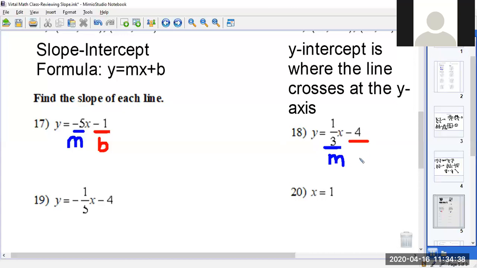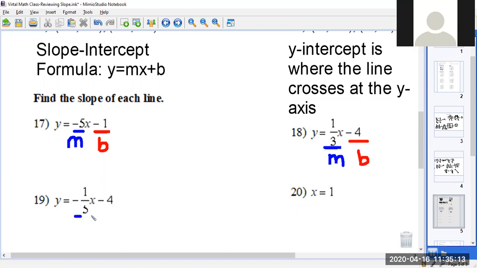All right, Mr. McFadden, you own it. We're cooking with gas. Number 19. Dites-moi, that means tell me in French, what number represents the slope? I had to scroll over. The 1/5 is the slope.